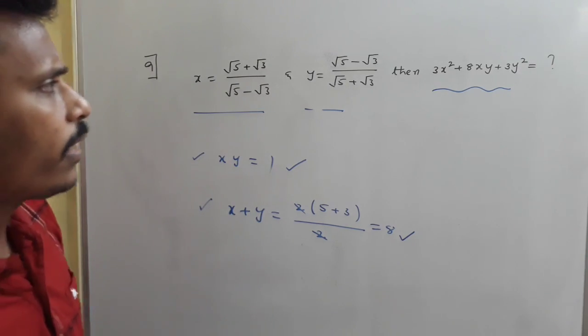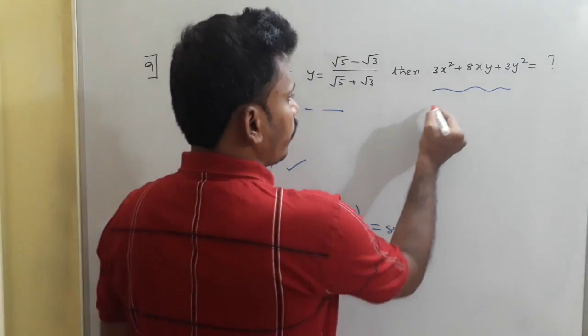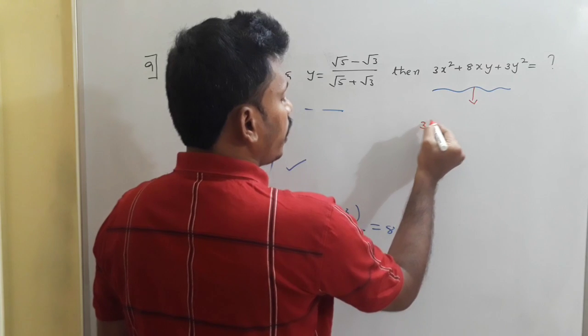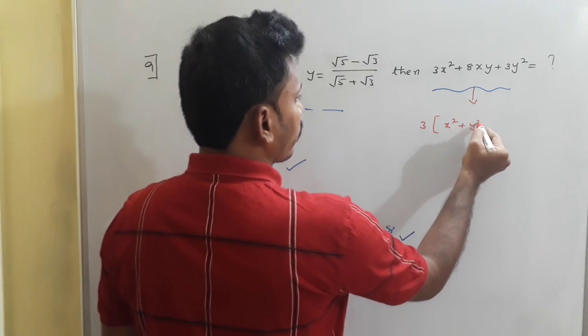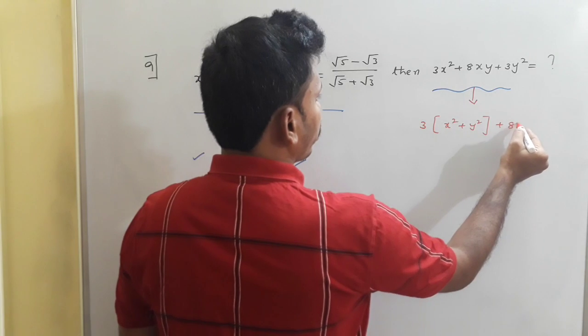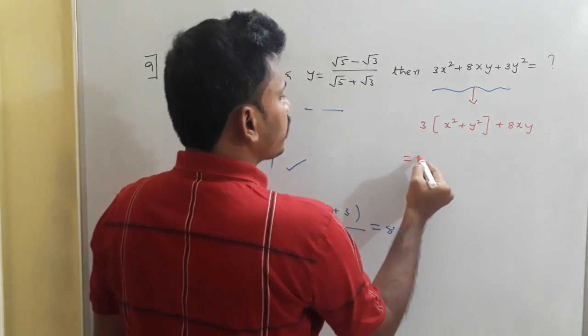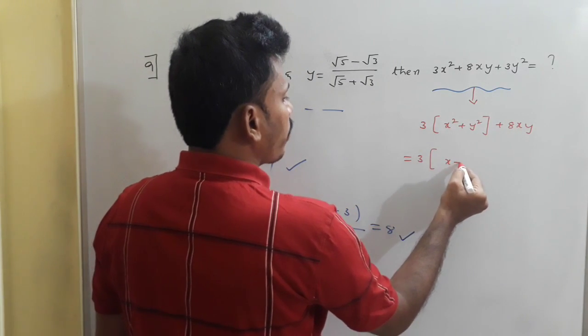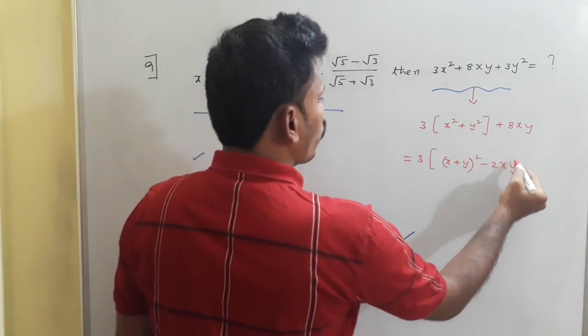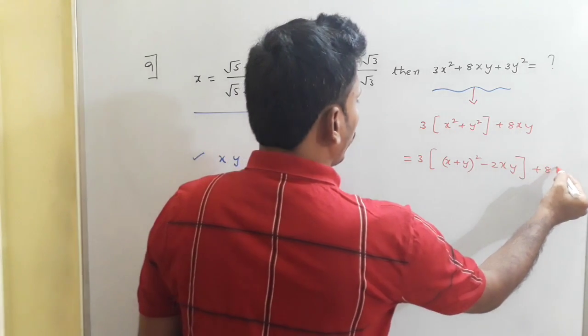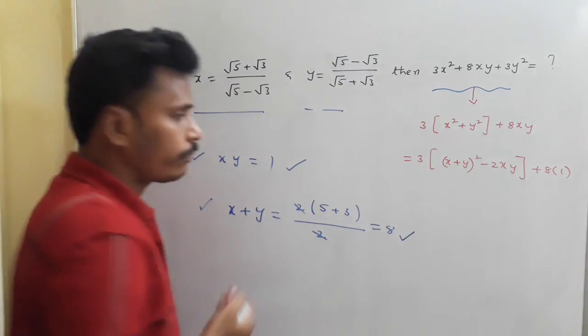Now it is easy to find 3x square plus 8xy plus 3y square, which is simply 3 times x square plus y square plus 8xy, and that equals 3 into x square plus y square, which is x plus y whole square minus 2xy, plus 8 into the value of xy, which is 1.